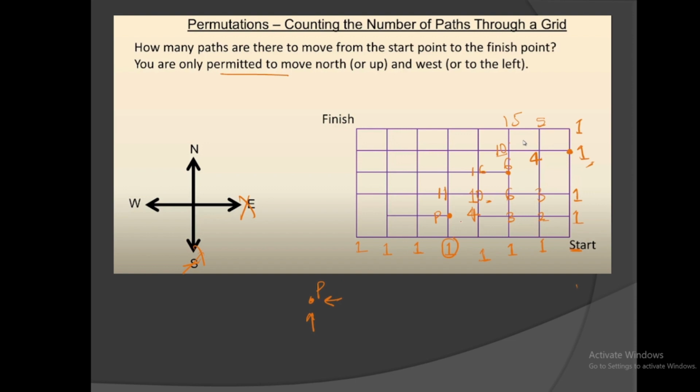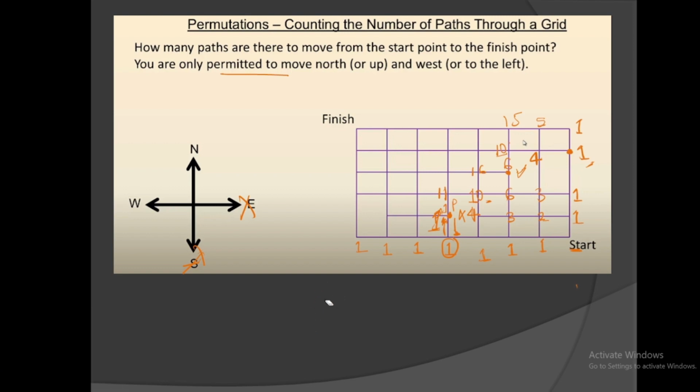So on point P, we are not having any leftward movement. We only have this upward movement. As I have explained why it is 6 over here, we can also say that this will be one path only, because to move to this point there is only one path, and there is only one path to move from this point. So to move to point P, we have only one way.